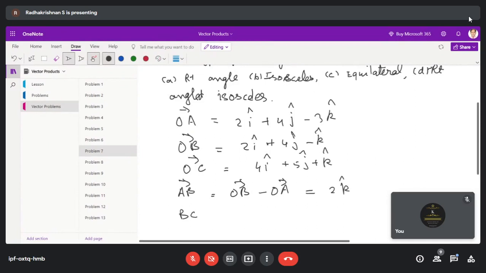So similarly, what is BC? BC equal to OC minus OB. So that will be 2i plus j plus 2k.